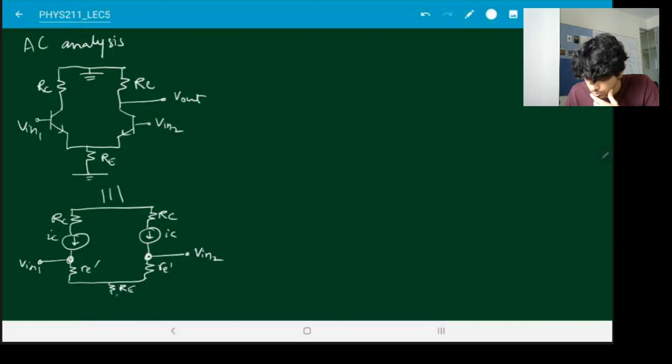So again, that goes to ground. Now, normally the value of RE that we have over here is much larger than this RE prime. So any current flowing this way will just keep flowing this way. Almost none of it will go through RE because RE is very large. So for all practical purposes, this part of the circuit is as good as not there.